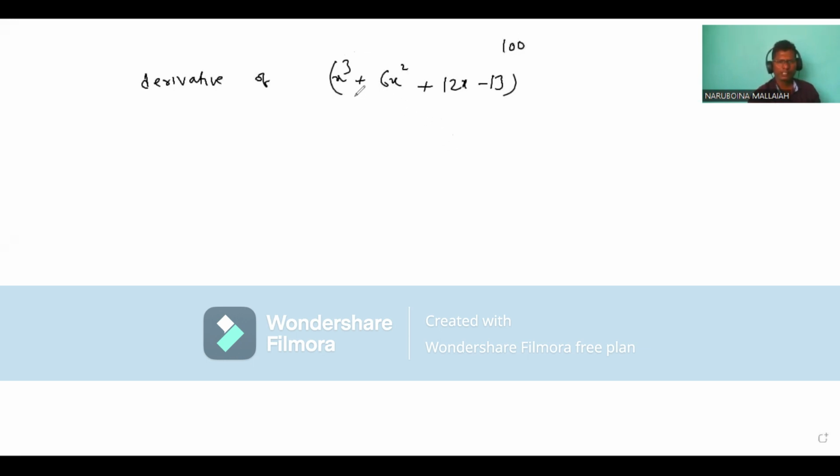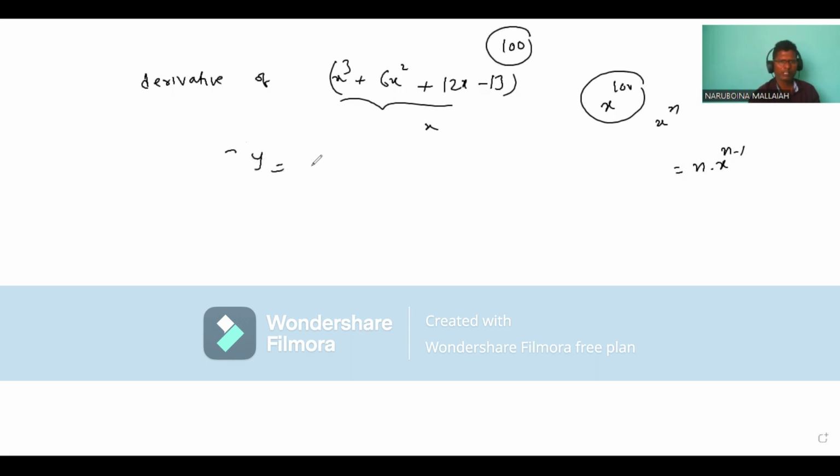Assume x cube plus 6x square plus 12x minus 30 as x. It will look like x to the power of 100, that means x to the power of n. So we know the derivative of x to the power of n is n into x to the power of n minus 1. So write this n first.